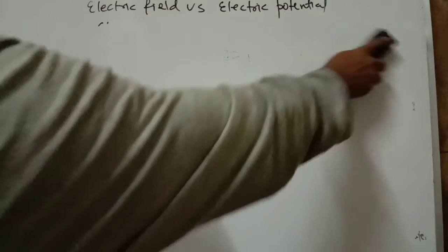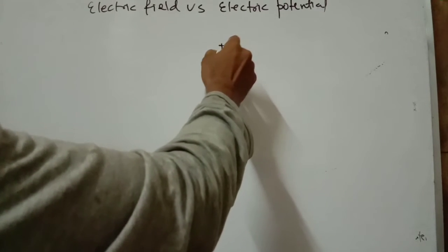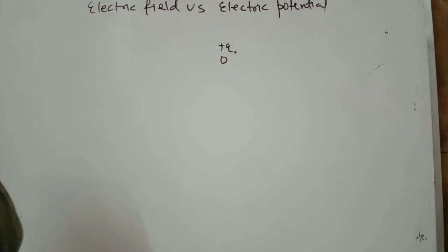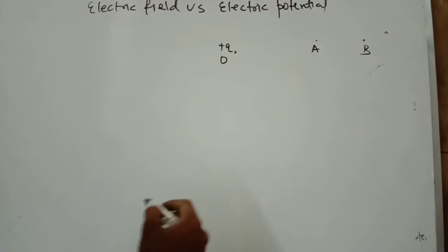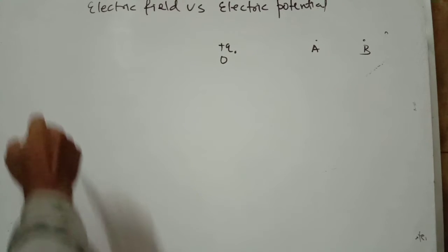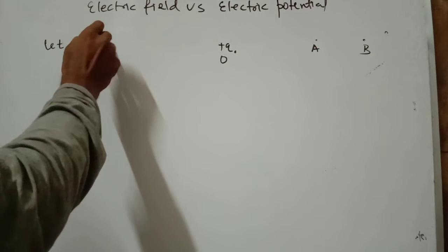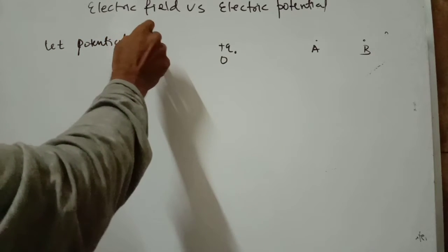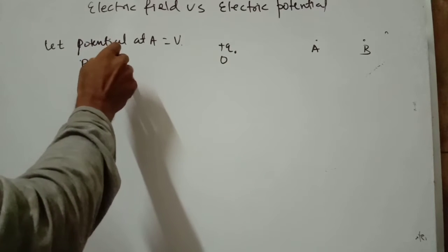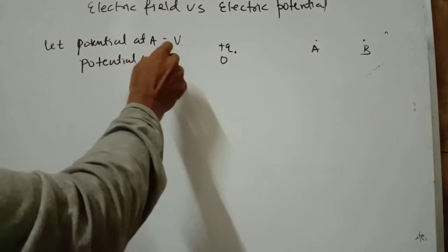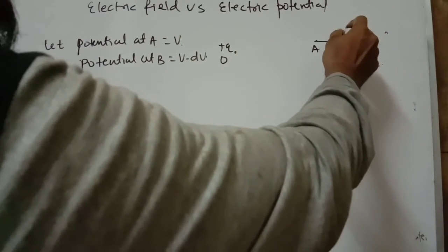We consider a charge plus Q placed at a point, and consider two points A and B. Let the potential at A be V, and the potential at B be V minus dV.